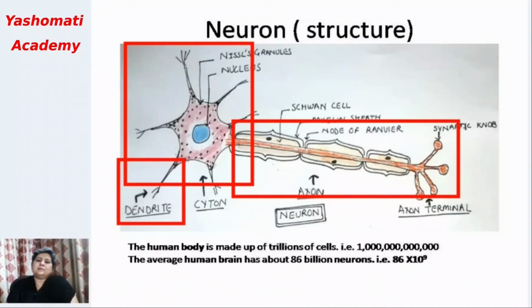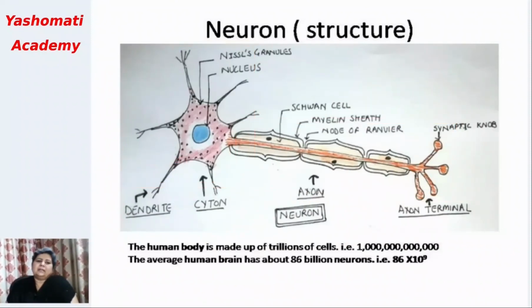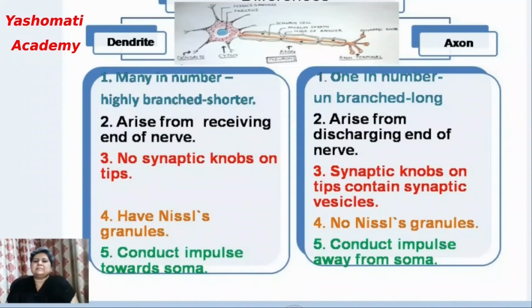So, the three main parts of a neuron are cyton, dendrite and axon, and all these parts perform different functions, and accordingly they are further differentiated. In today's class we will try to understand the differences between dendrite and axon.